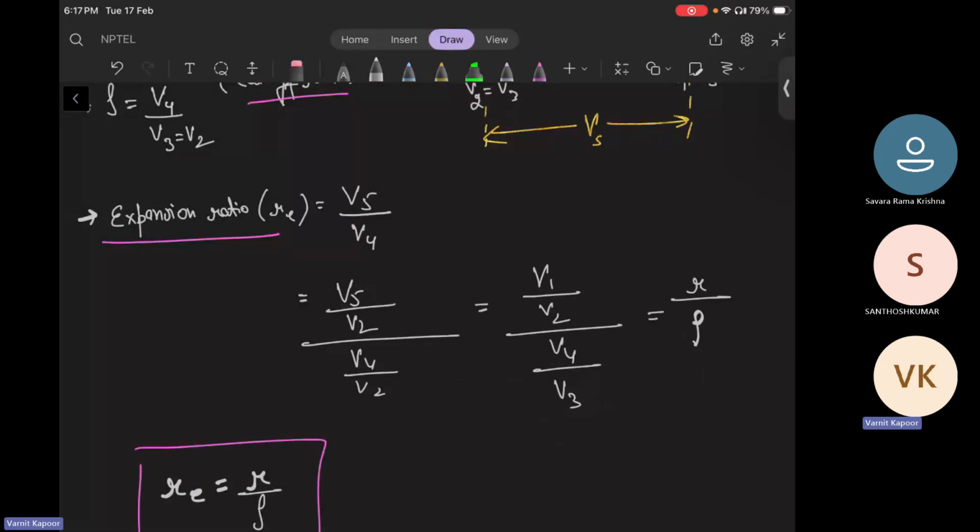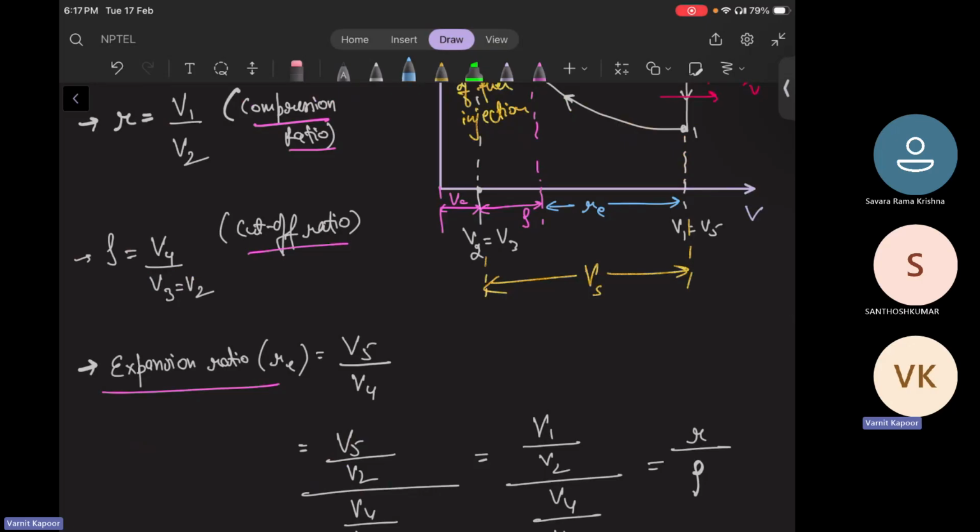Now, what is happening when you see the cycle? Let me draw a piston cylinder.